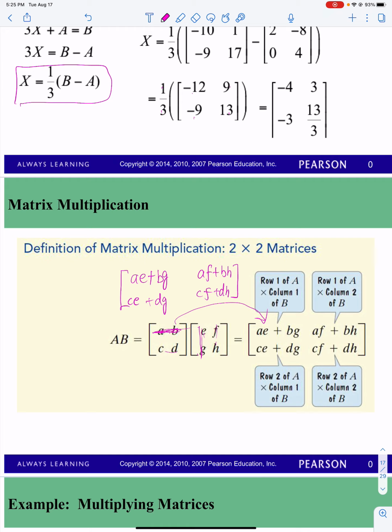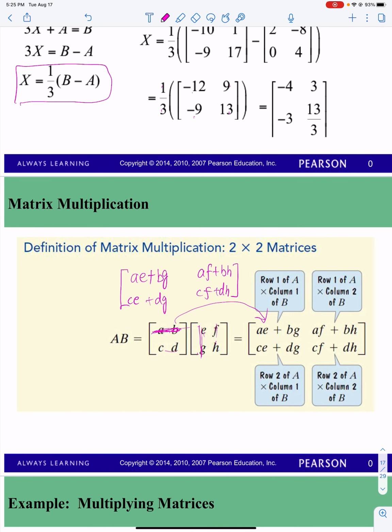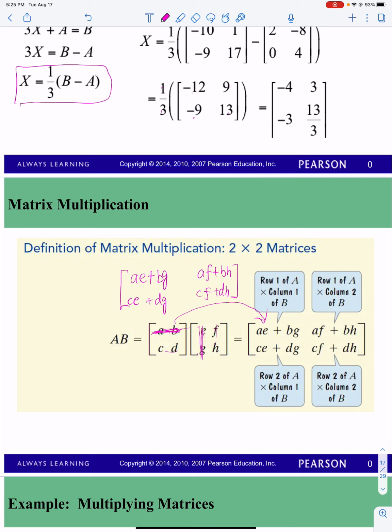Yeah, so what did you also notice? For here, because the rows have to be multiplied by the columns, what happens? The number of columns of A has to be equal to what?